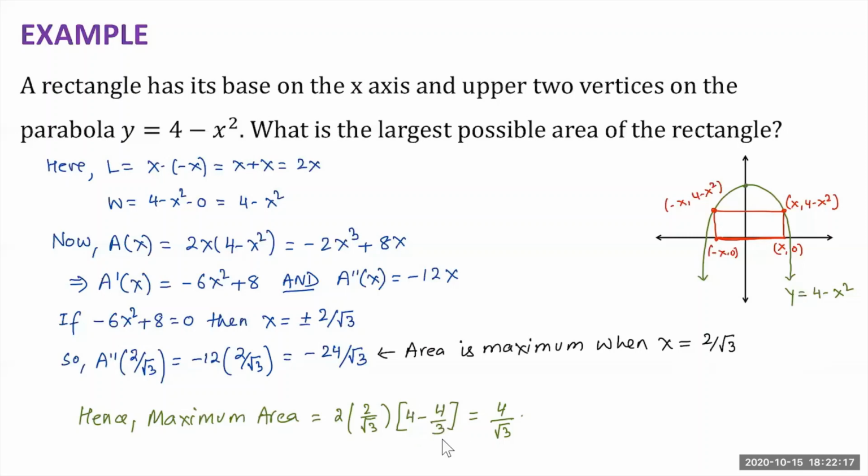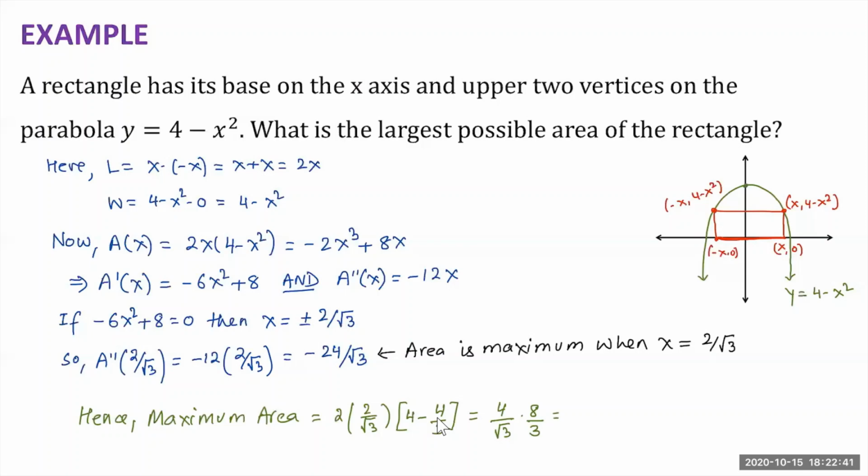So let's simplify this one. 4 minus 4 thirds will be 8 thirds, because if you make the common denominator, we have 3 in the denominator and we multiply the numerator by 3. So 3 times 4 is 12, 12 minus 4 is 8. So that will be 8 over 3.